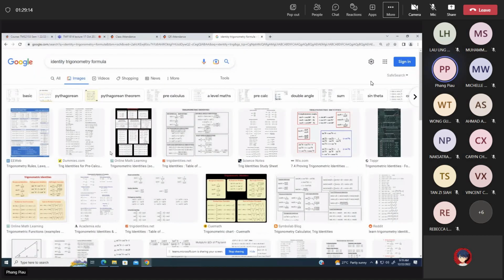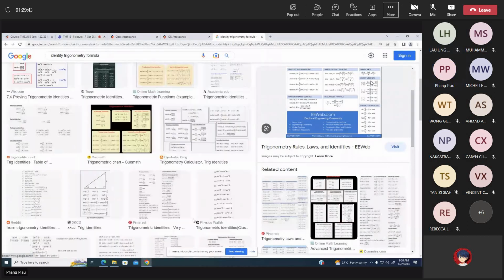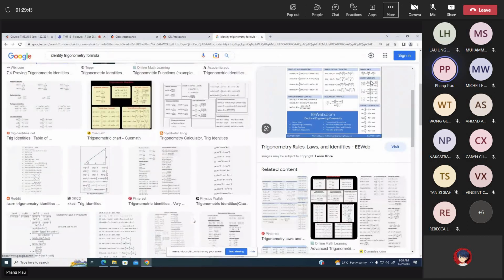What are the formulas that we are going to use? What is the easiest way? Where is your A and B? This one is too small for you to see. Where is the bigger one?